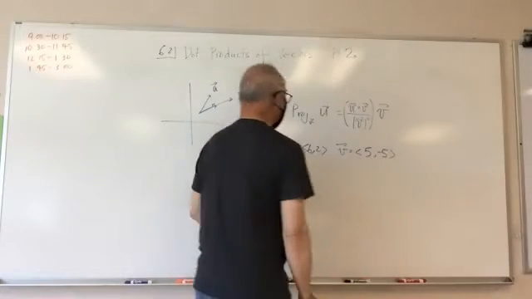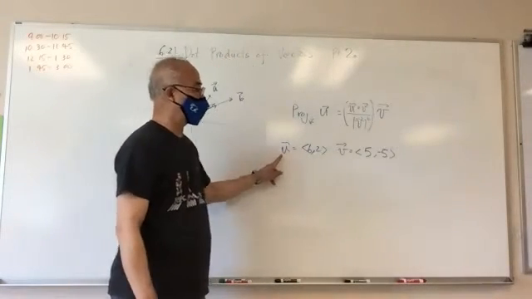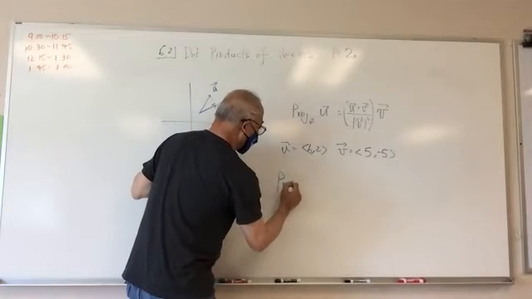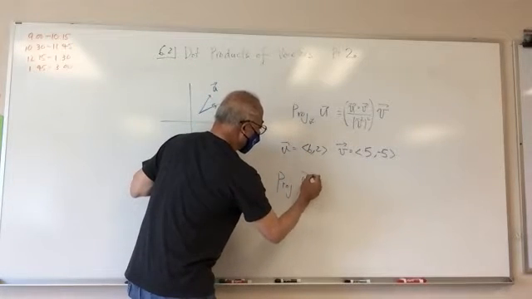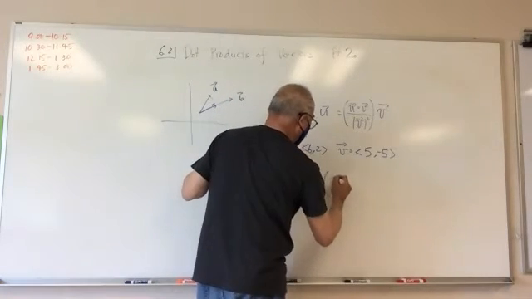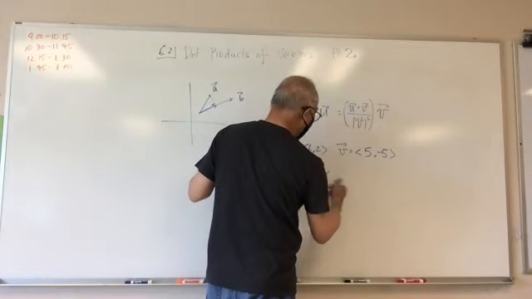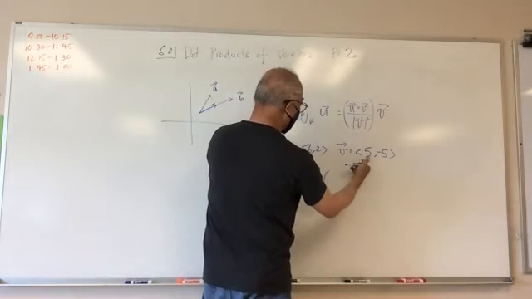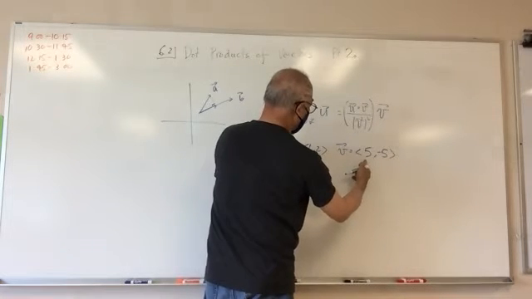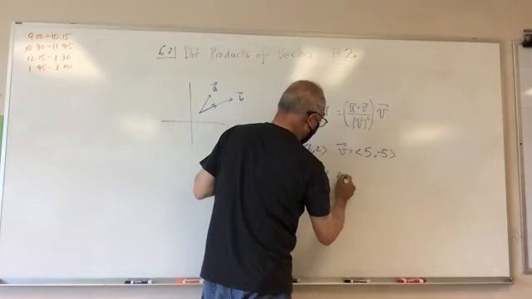I'm going to project this vector onto this vector. So again, I'm going to project the U vector onto the V vector, and I'm going to compute U dot V. So U dot V is 30 minus 10, which is 20.